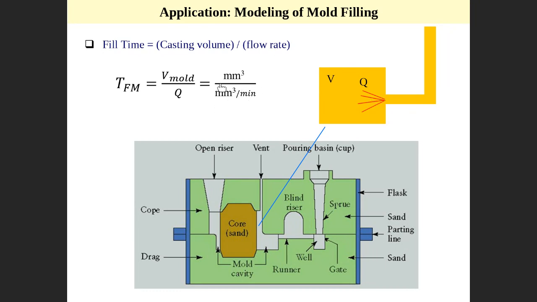Cubic millimeters cancel, and you get minutes, which is the time. So the time to fill the cavity equals the volume of the mold divided by the flow rate. If you know the flow rate and the volume, you can obtain the time to fill the cavity.